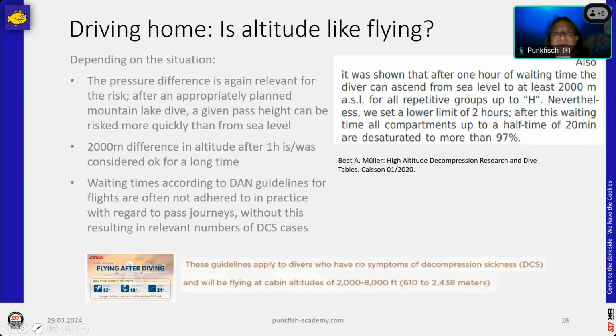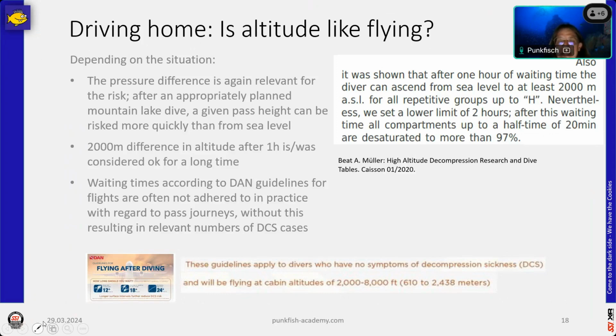So back to what to do after the dive. Let's say we did take a heating for our dry suit and did a very nice and very comfortable dive. And then after the dive, we have to get back home. So what happens when we are in the mountains?